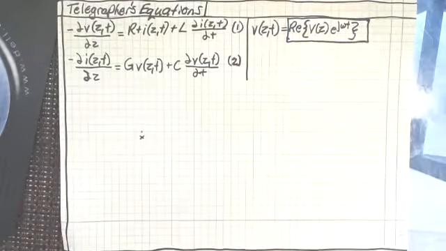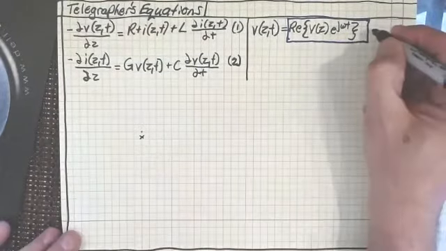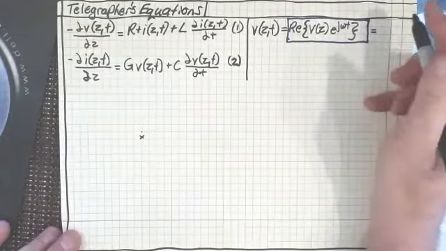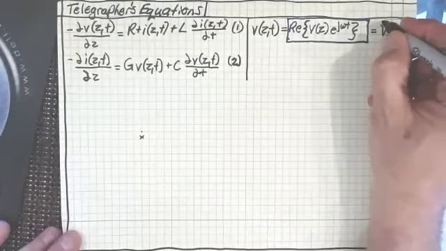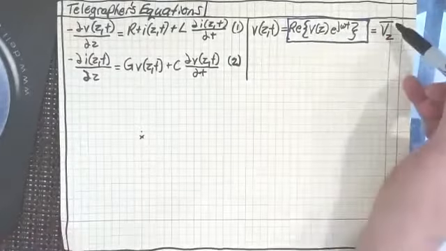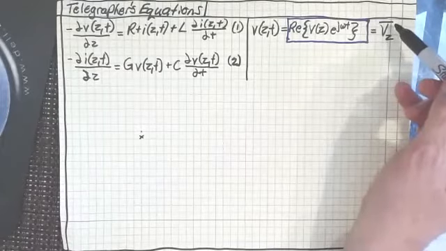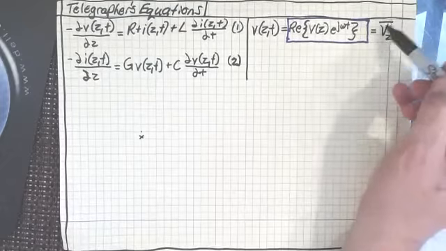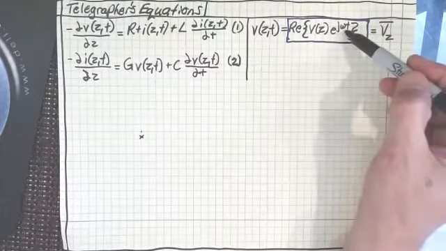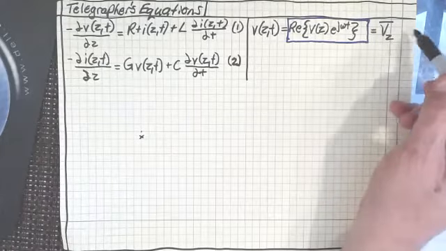What I'm going to refer to it as is V sub Z with a line over the top of it. The line is not an arrow, it's just a line, and it's saying it's changing sinusoidally with time. And the Z means that it's changing in the Z direction too.